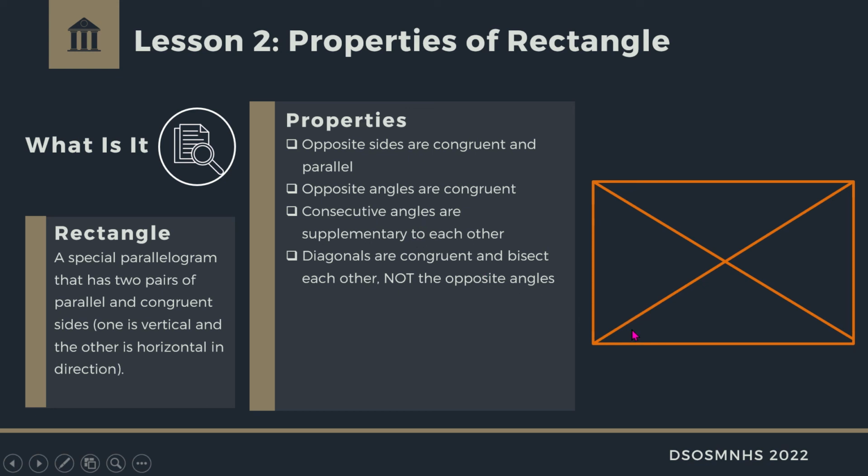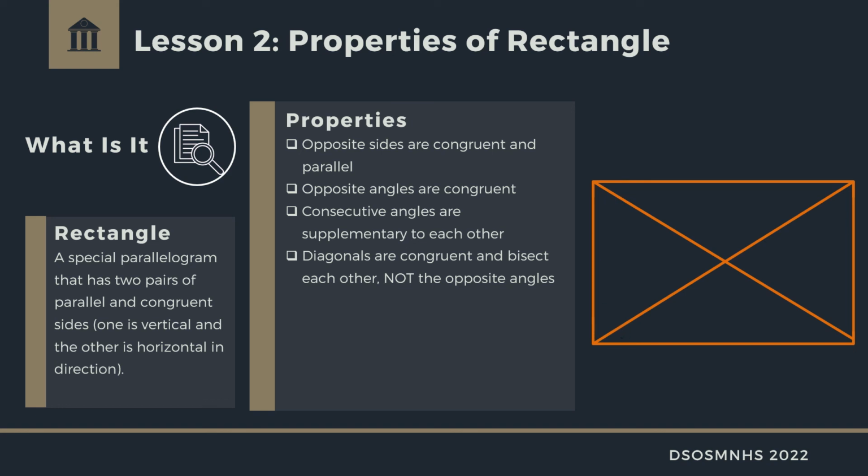So the lower left is supplementary with the lower right. The upper right is supplementary with the upper left. But also, the upper left is supplementary to the lower left. Why?